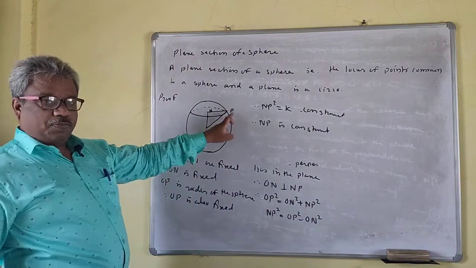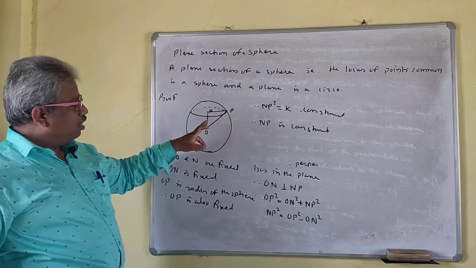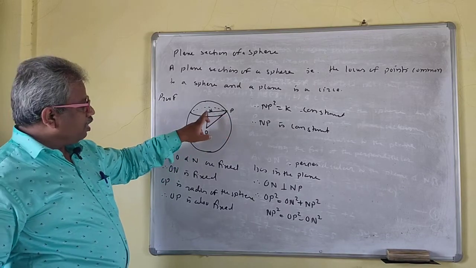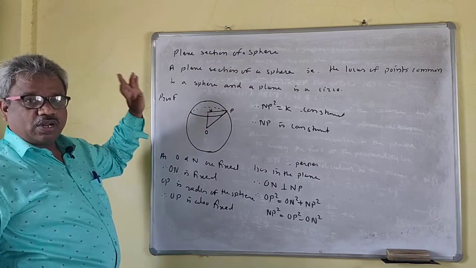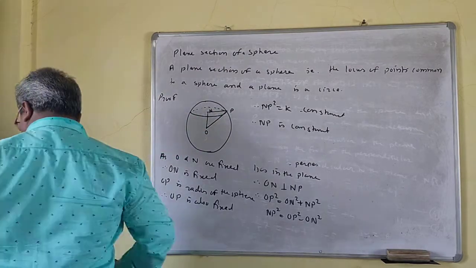Now P is any point on the sphere. This is the locus of P, whose distance from N is everywhere the same, since NP is constant.